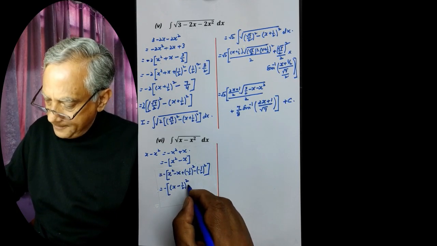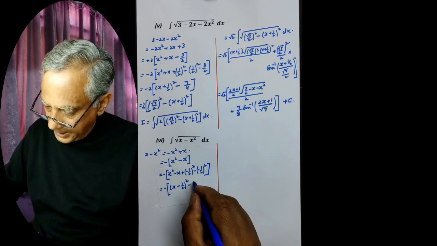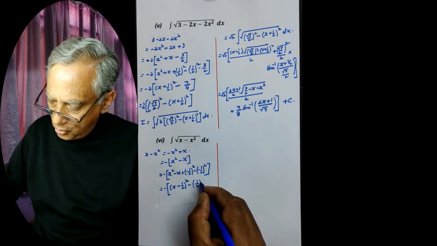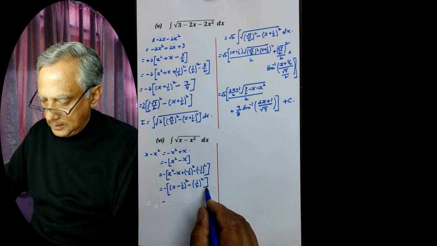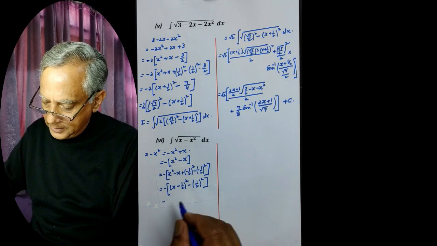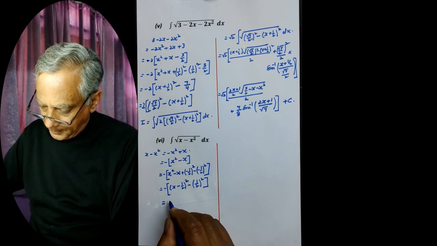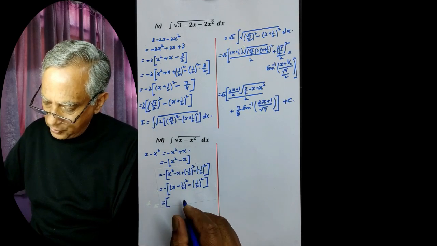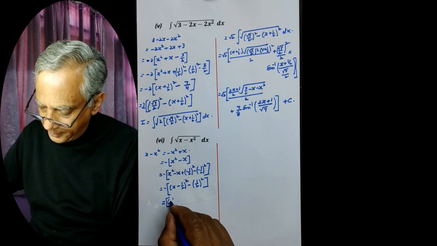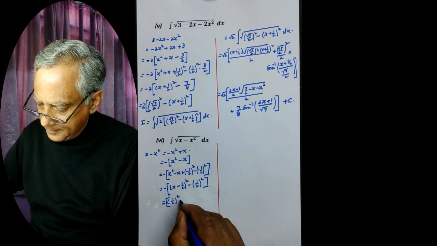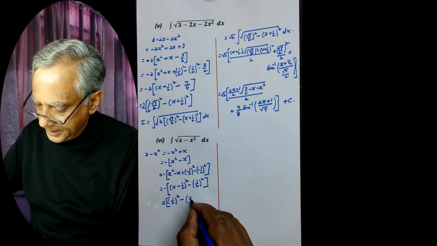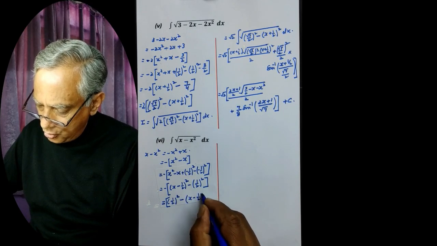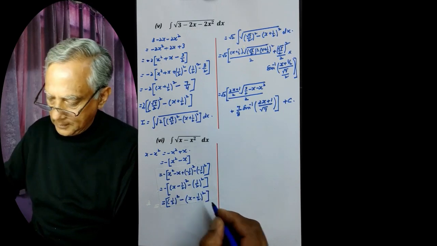So this minus 1 by 2 whole square. And this is equal to, now minus will be taken inside. So this will be equal to (1 by 2) whole square minus (x minus 1 by 2) whole square.